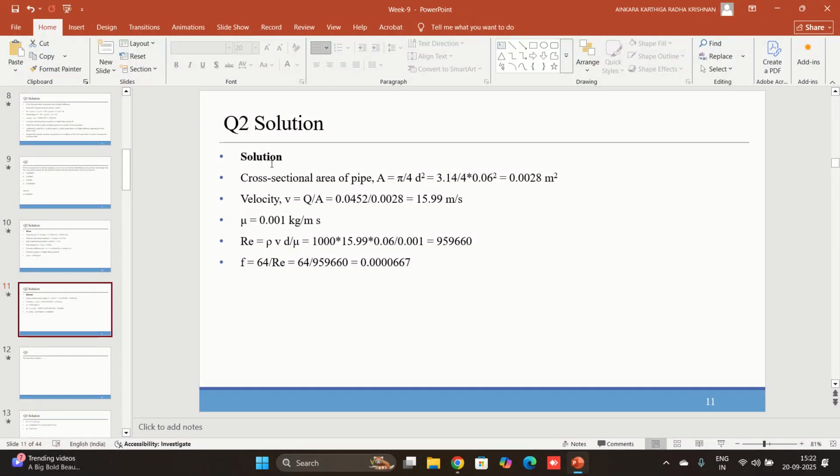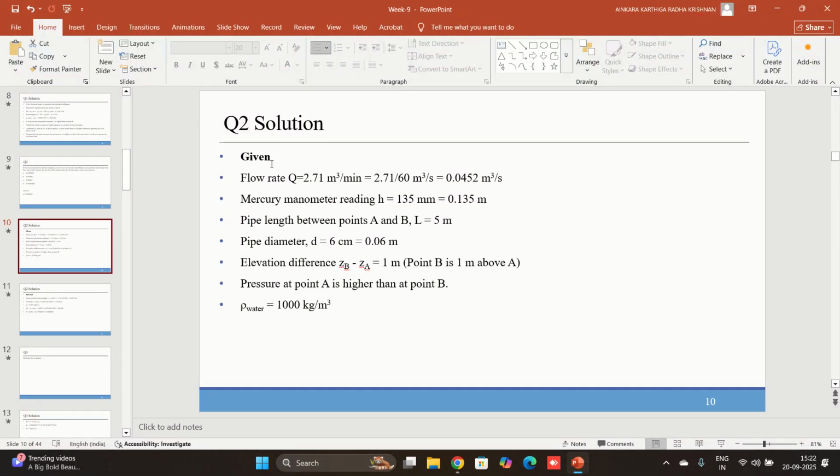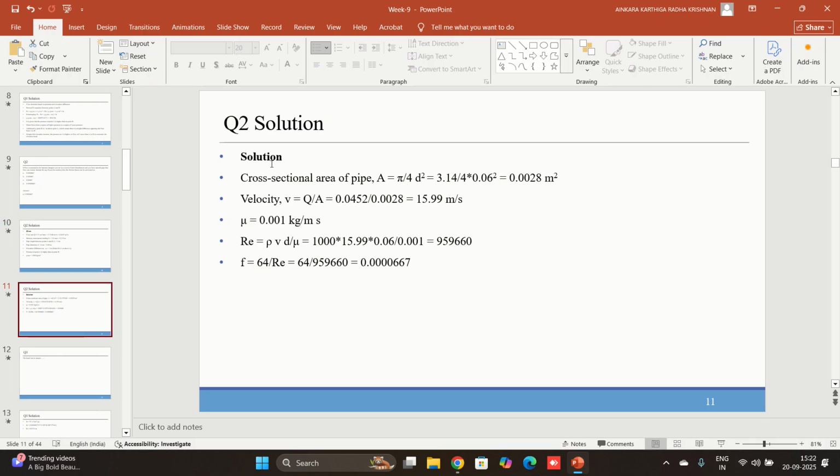So it is pi by 4 into 0.06 meter square. 3.14 divided by 4 into 0.06 square. So it is 2.8 into 10 power minus 3, which is slightly given here.